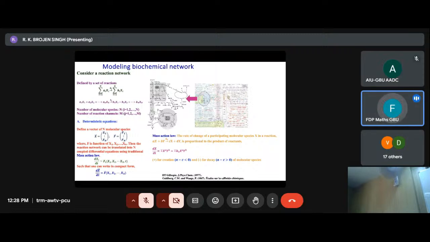And if there are 10 molecules, or if there are 10 reactions, then this type of multiple reaction can be used. One can model it using that very simple quantity.